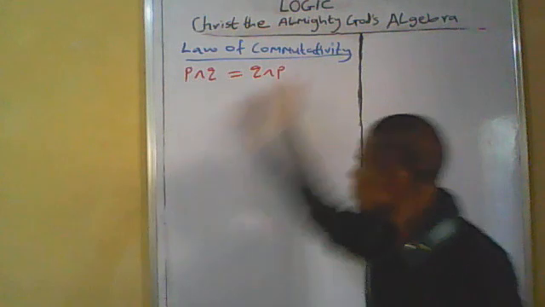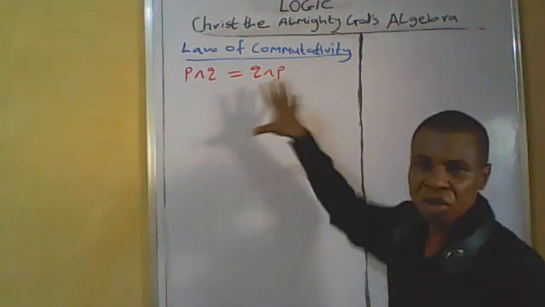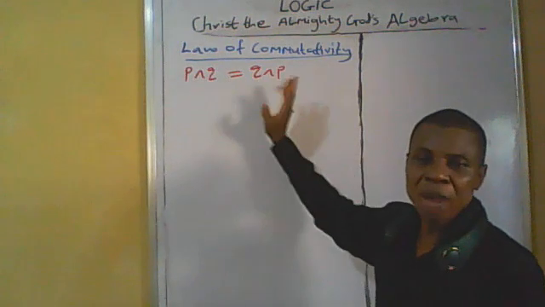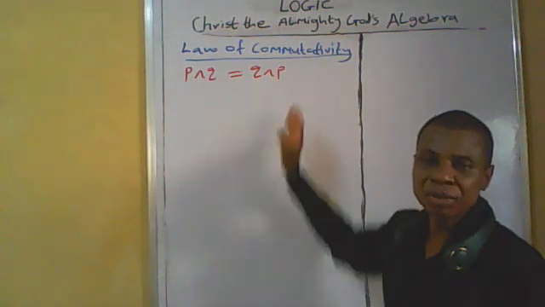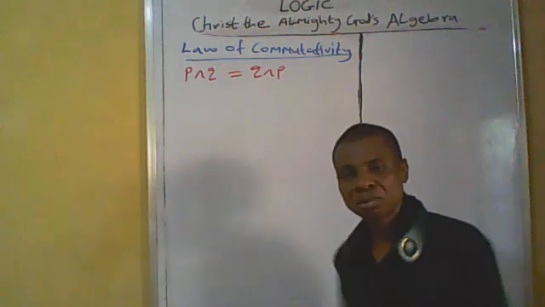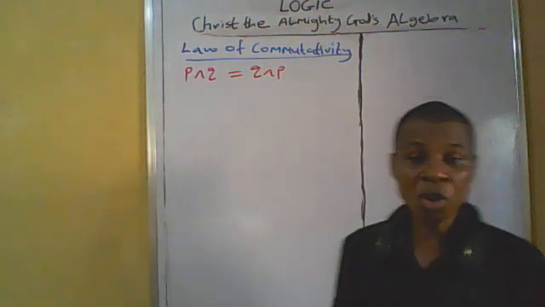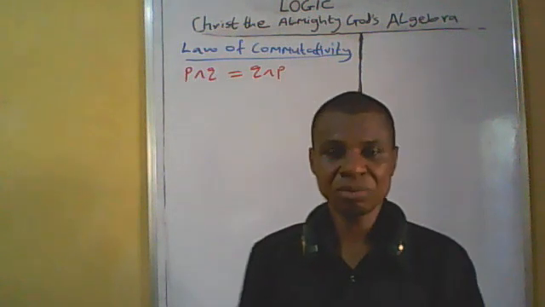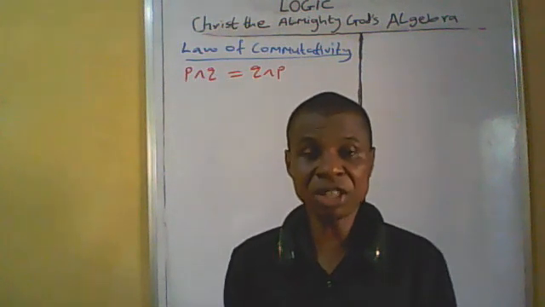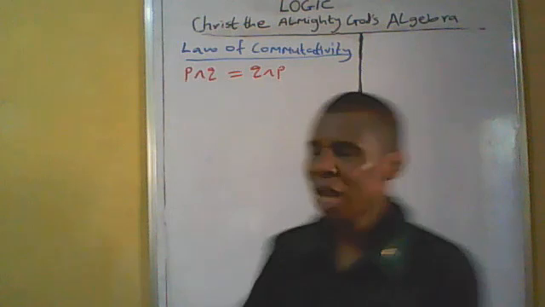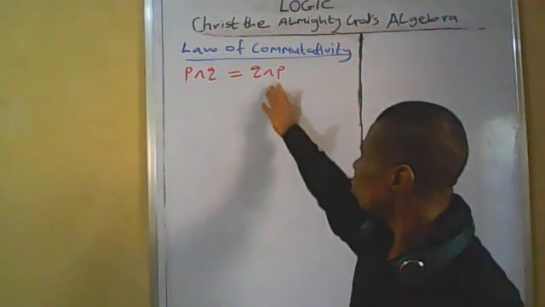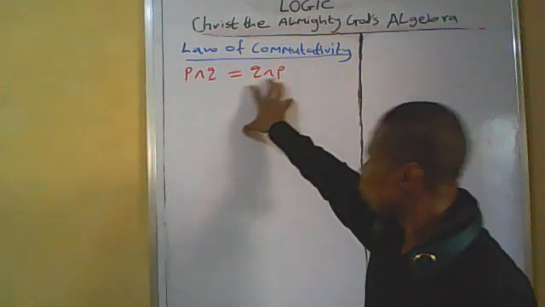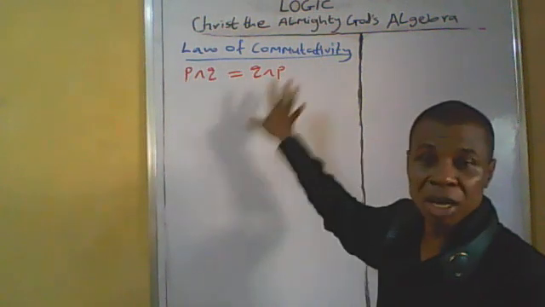But in the right hand side of the equation, Q is now first conjunct, while P is second conjunct. That means they are interchanged. So whenever conjuncts are interchanged, it's still equivalent. We just commute the conjuncts, and it still preserves logical equivalence.